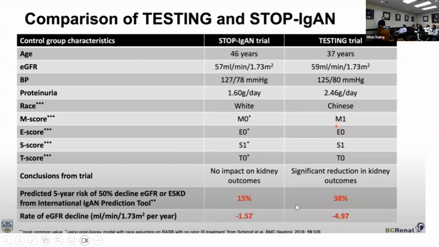And for the predicted eGFR decline, in the TESTING trial people are at about 5 ml per year, but in STOP-IgA the predicted eGFR decline is only 1.5. So in the TESTING trial, people are sicker. So maybe people with a higher chance of kidney failure, a worse prognosis, might benefit from corticosteroid immunosuppression.